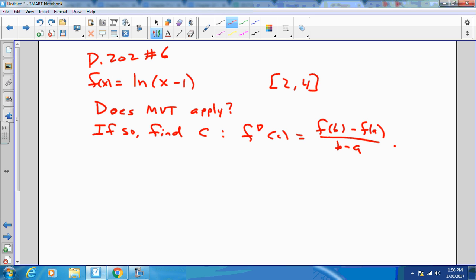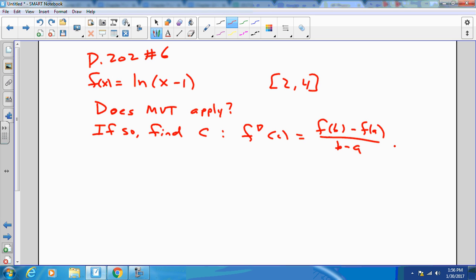We don't have to check does f of a equal f of b. If it does happen that f of a equals f of b, what's the slope of my secant line? 0, in which case I set f prime of c equal to 0, and whose theorem have I just applied? Rolle's theorem. So the mean value theorem includes Rolle's theorem as a special case, which is nice. So we really only just need one.